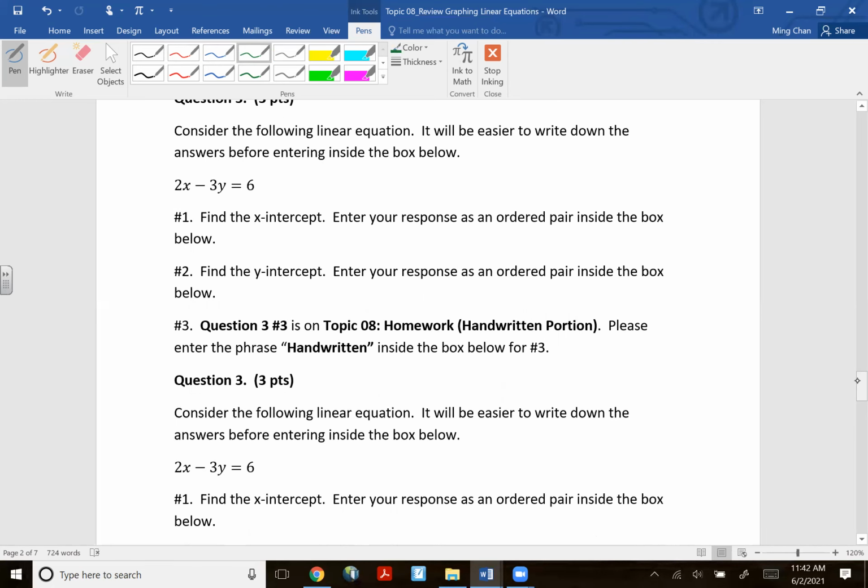All right, number 3 is on the handwritten portion. Numbers 1 and 2 are going to be on the computer portion. For the computer portion, using the graphing equation, you're going to say number 1 and type out your answer, and do number 2 and type out your answer. But for number 3, I need you to simply say handwritten.